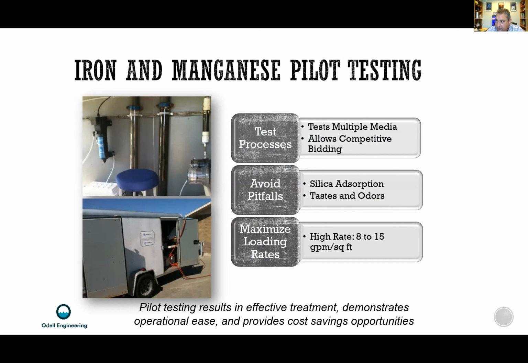So it's good to identify that during pilot testing. Also, occasionally you see odd tastes and odors associated with the iron and manganese plant, and it's good to know that in pilot testing so you can look at ways to mitigate that. You can also test multiple different treatment flow rates.